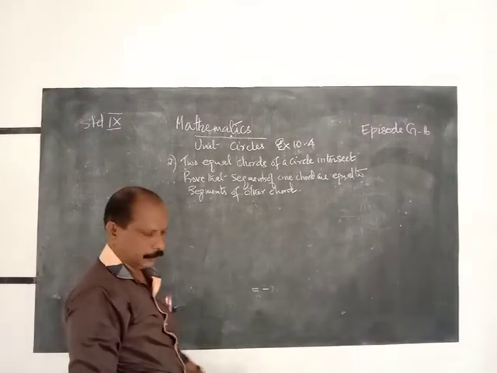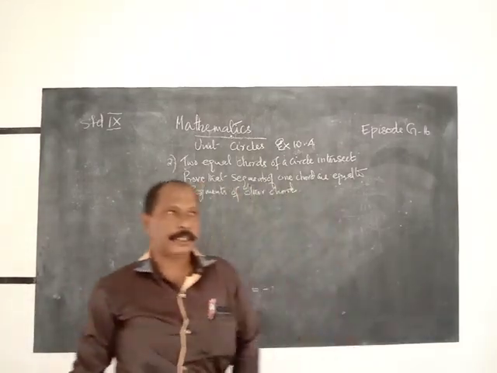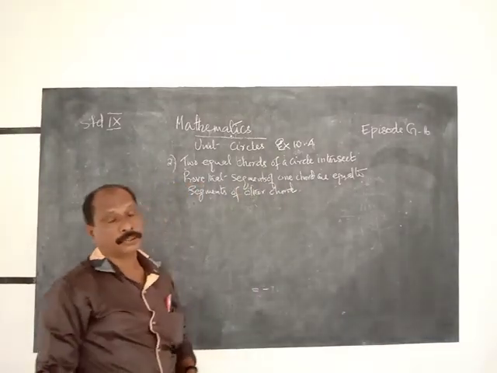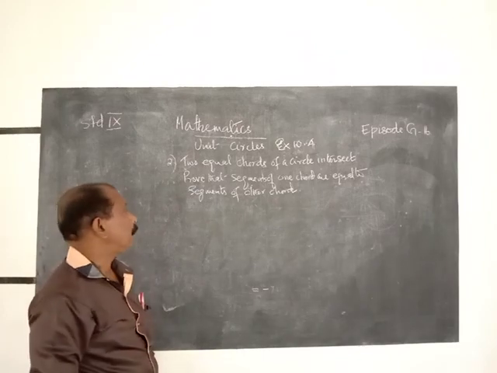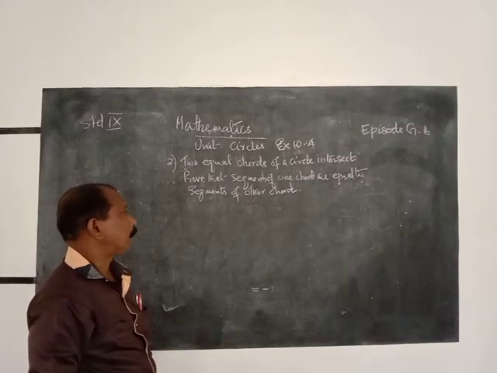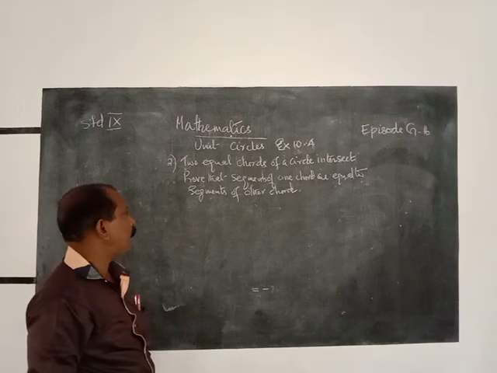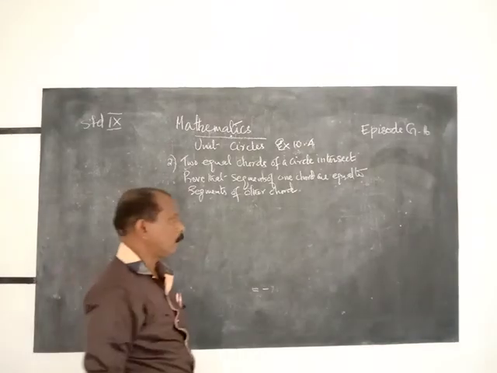That is the second question. What is the second question? Two equal chords of a circle intersect. Prove that the segments of one chord are equal to the segments of the other chord.